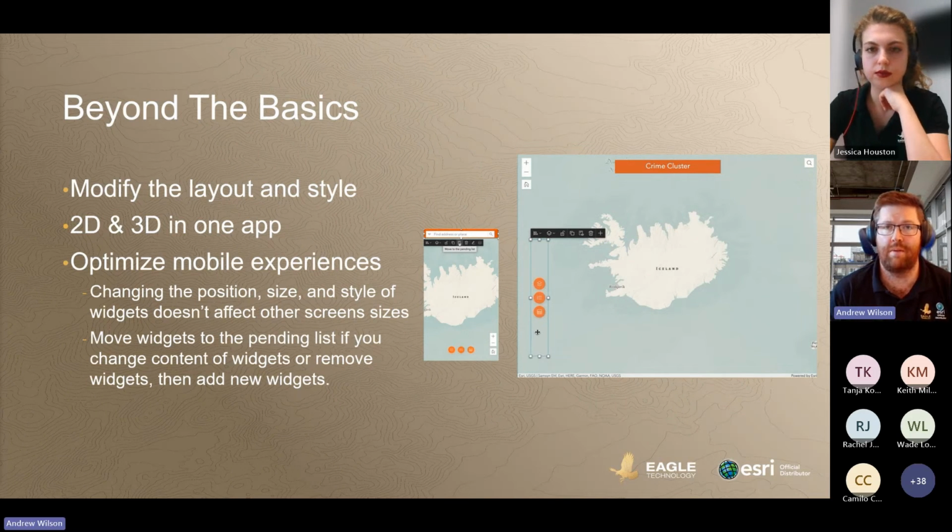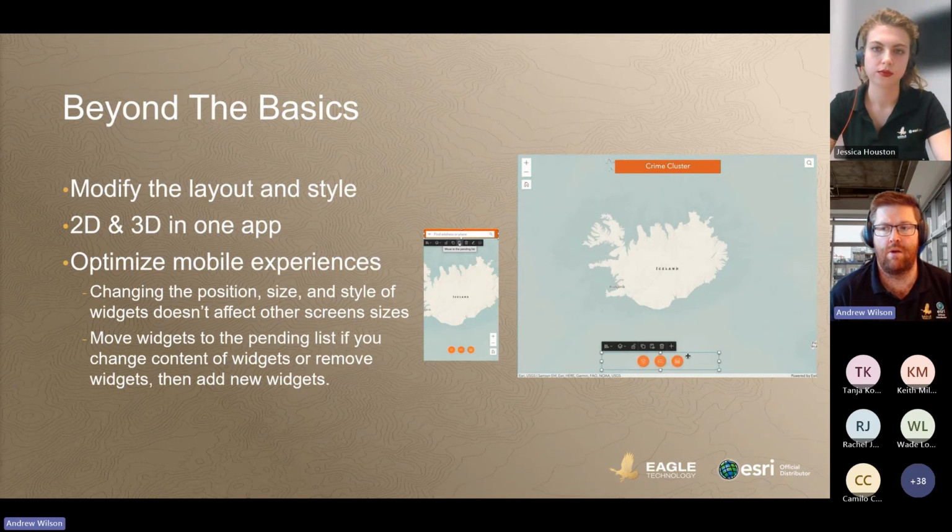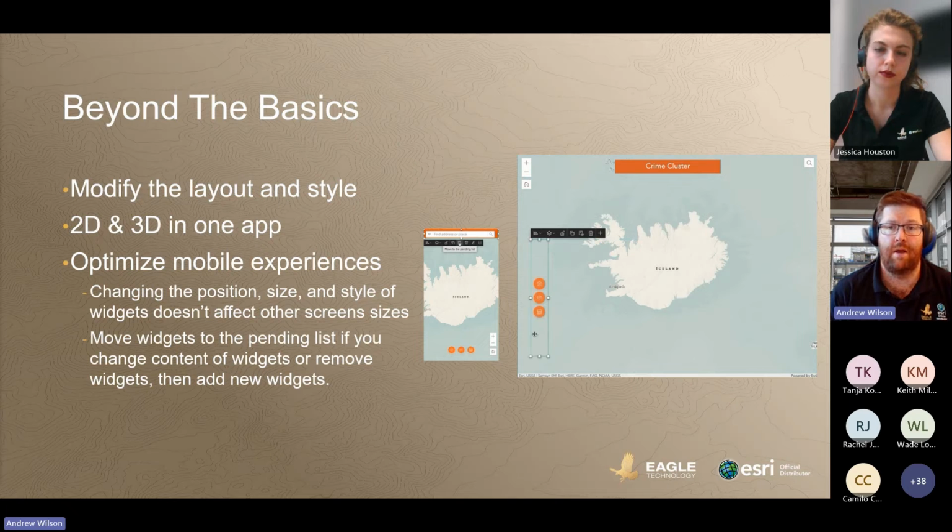With the map widget in Experience Builder, we can actually configure two different maps in the one widget, a 2D map and a 3D map if we need to, and we can easily toggle between the two. And again, because I think it's so important, I'll reiterate that optimized mobile experiences are fundamental, especially for that public facing.